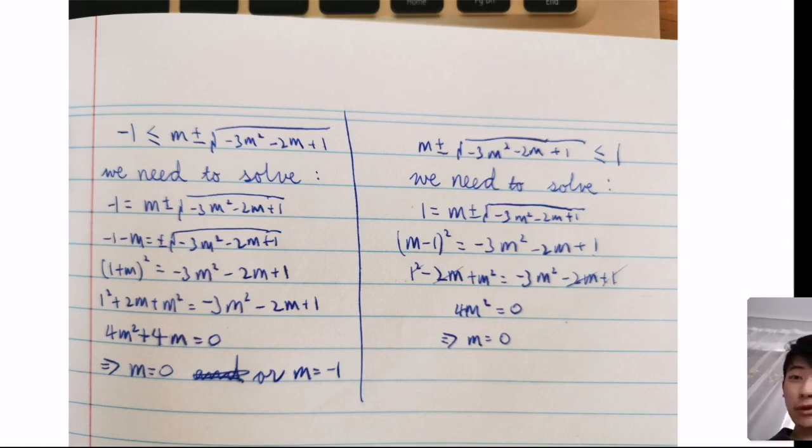And then I also solved for m plus or minus square root equals 1, and I got m equals 0 as my only solution, right? But that still doesn't give me much of an idea of what the constraint on m actually is for z to have a solution or multiple solutions.